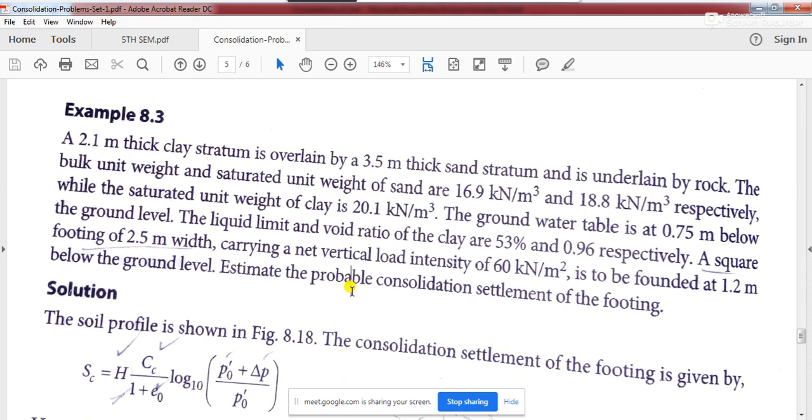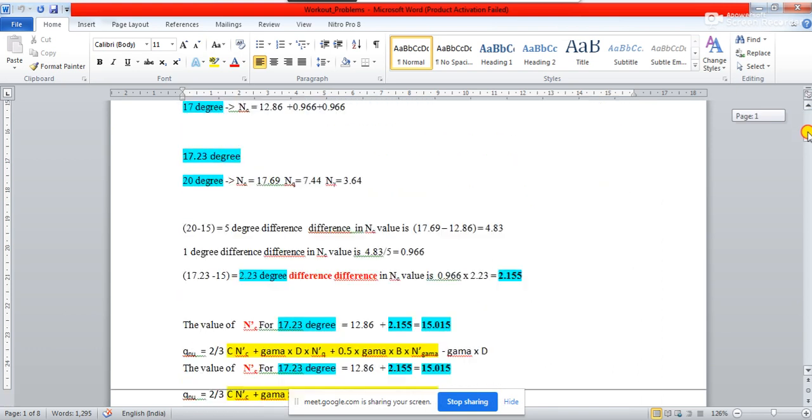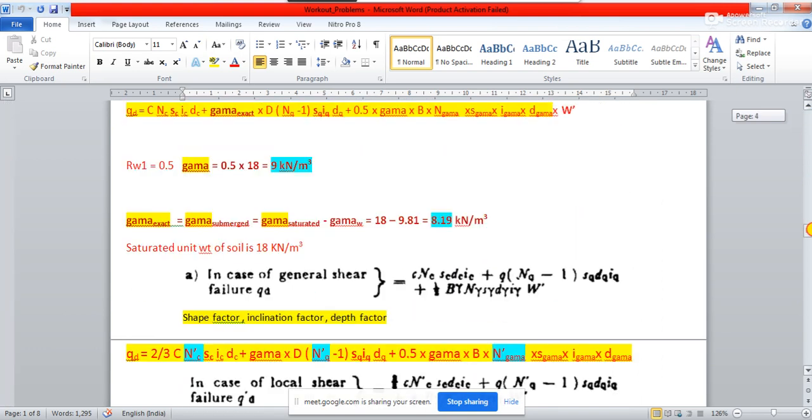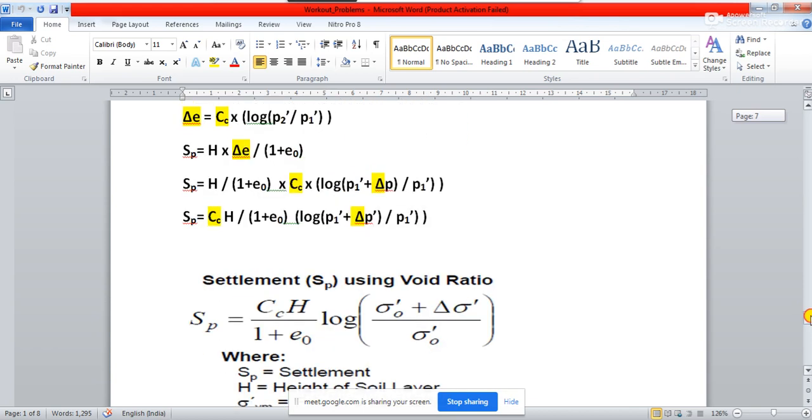Okay, so let us try to understand this problem very well step by step. Let us go to the problem and then try to understand it. Okay, now let us say, so this is what we have.